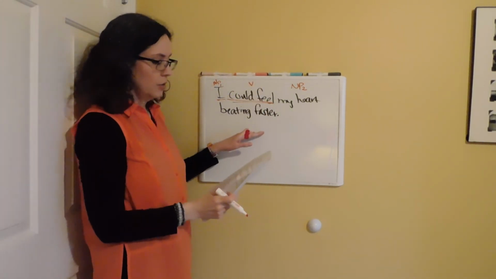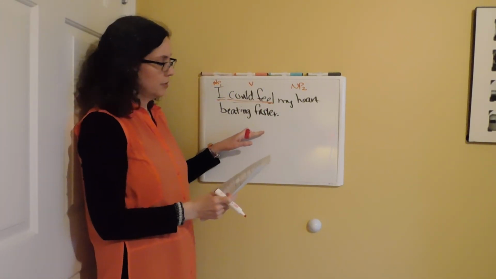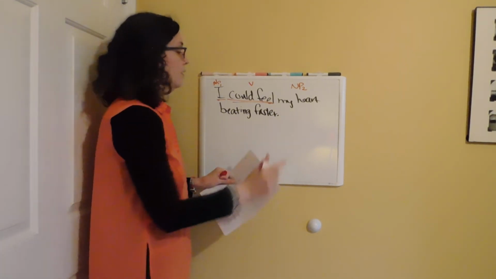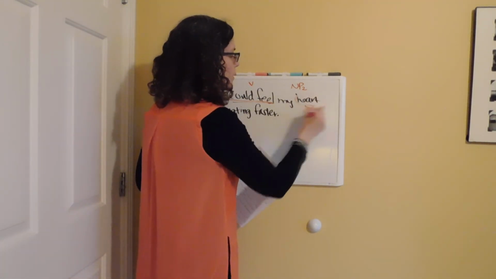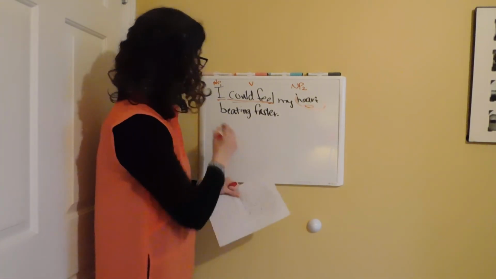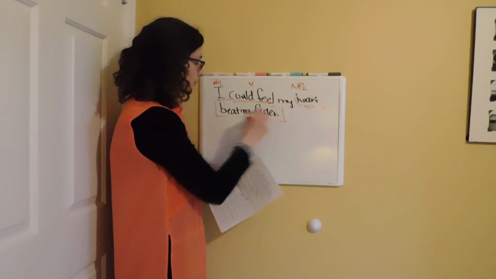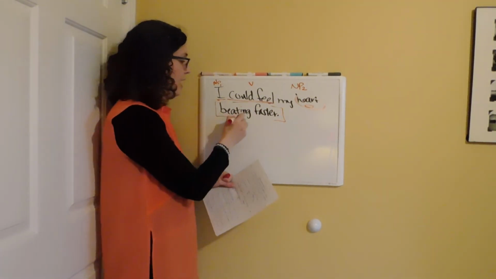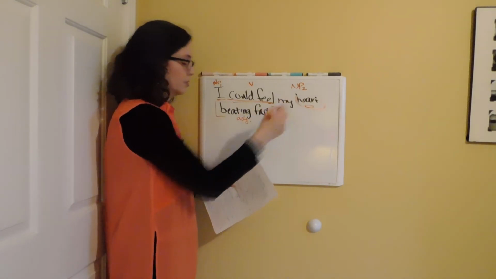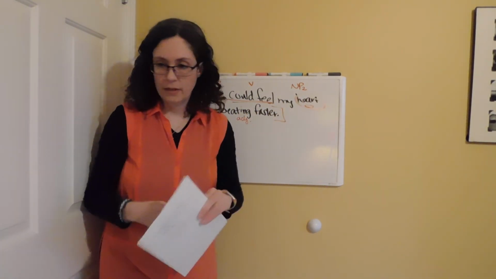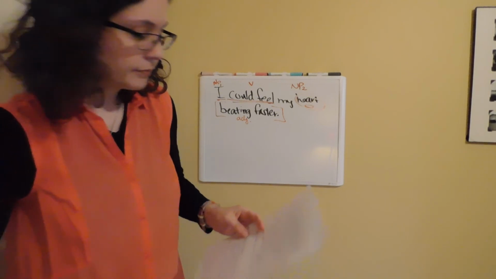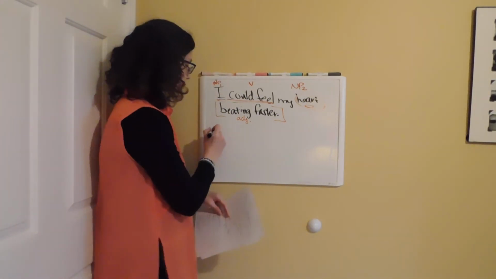But it went on, you actually have a subject complement here for heart, because the heart is what is beating faster. This is a participle, an adjectival participle, because it is an adjective for heart. The heart is beating faster. How do you diagram that?